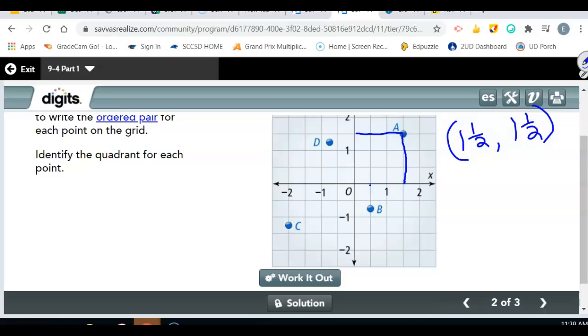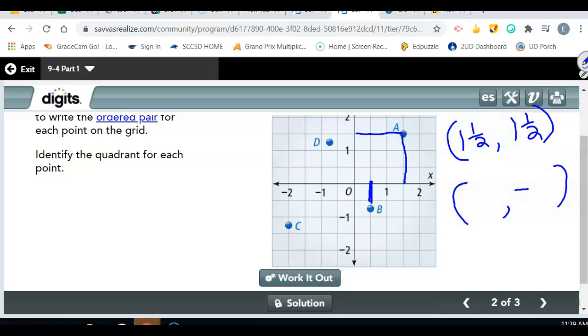Let's do B together. Then I'll let you try C and D. B. Which quadrant are we in? Quadrant 4. What kind of numbers are in quadrant 4? Good. So I'm going to go ahead and set that up. I know I have a positive number, then the second number is going to be a negative. So what is my x value for B?